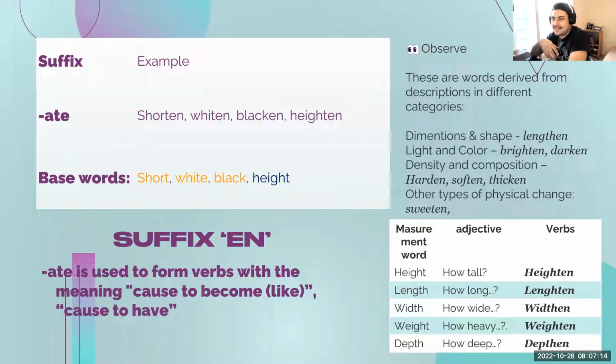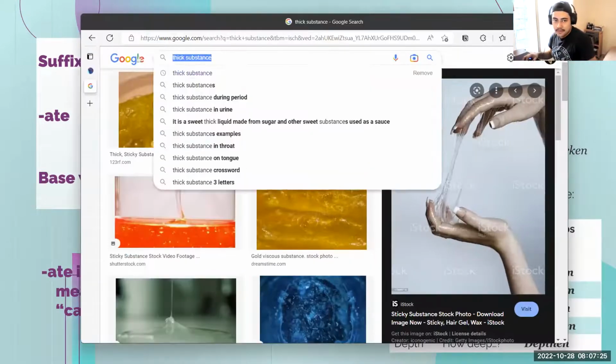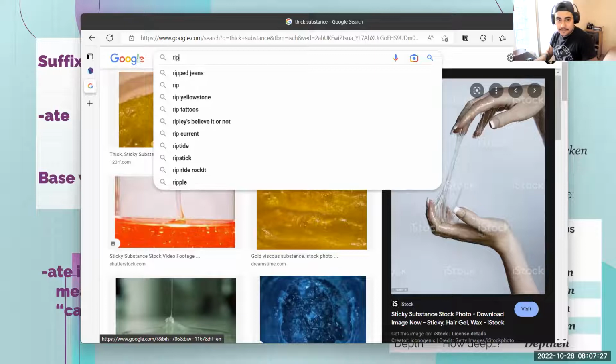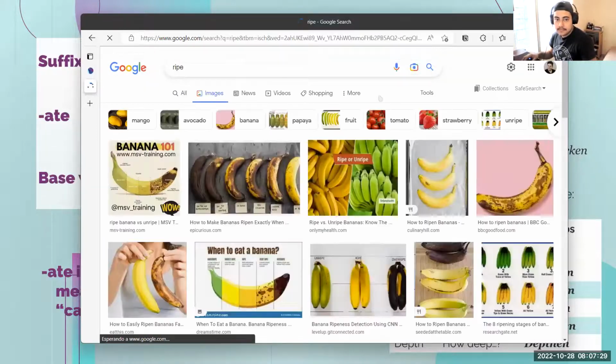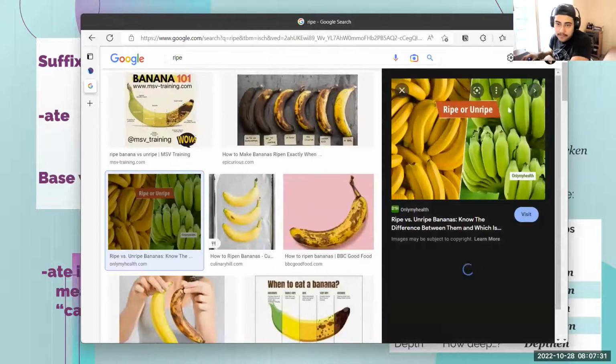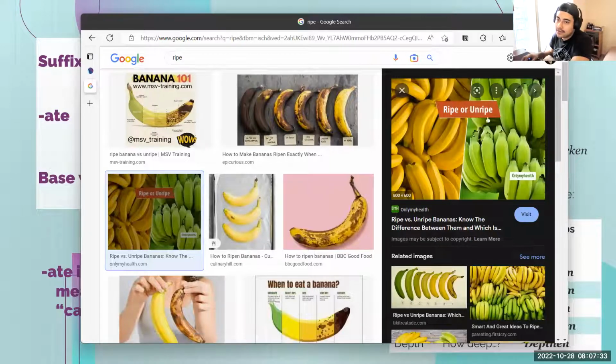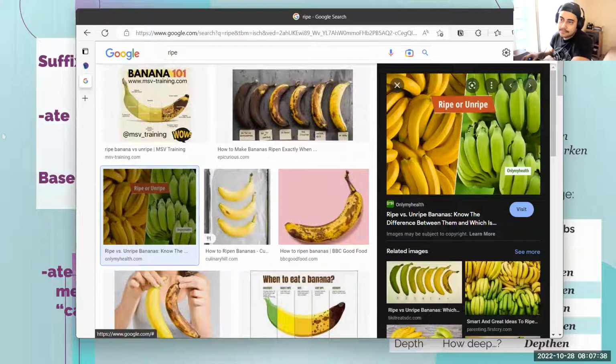You see? We have, for example, who knows what is ripe? Ripe or unripe? You cannot eat a green banana.